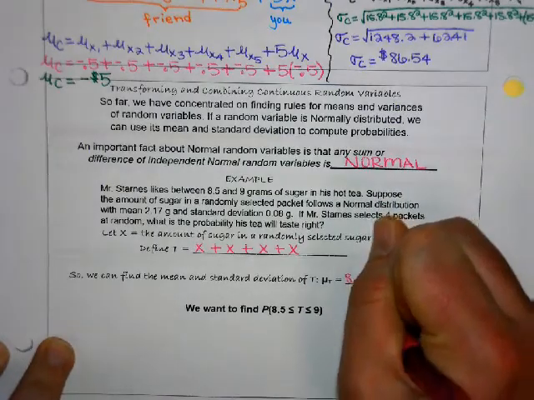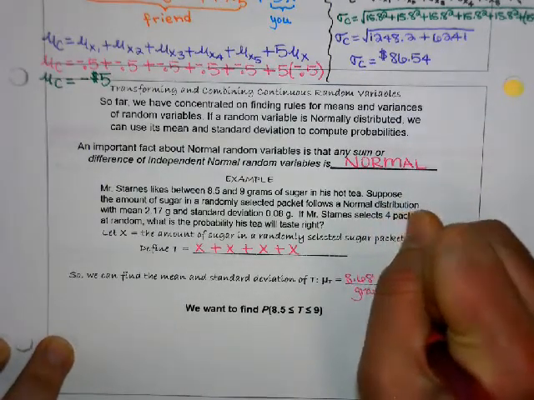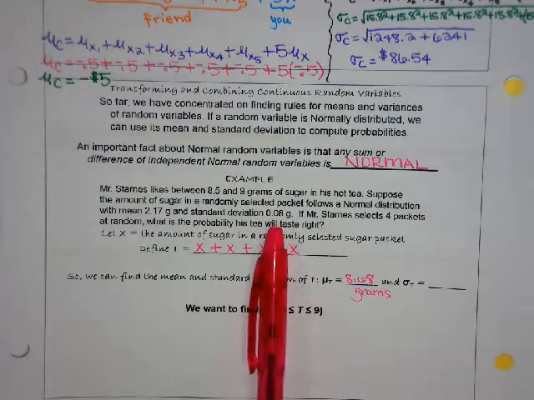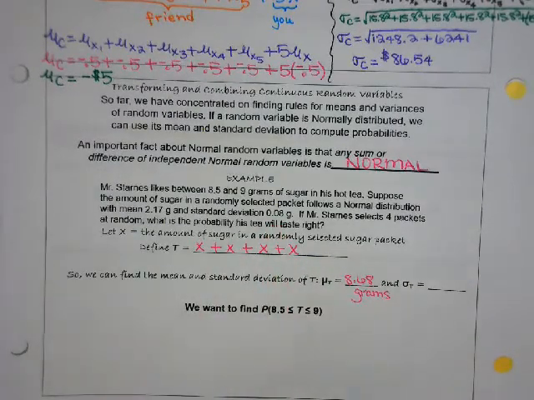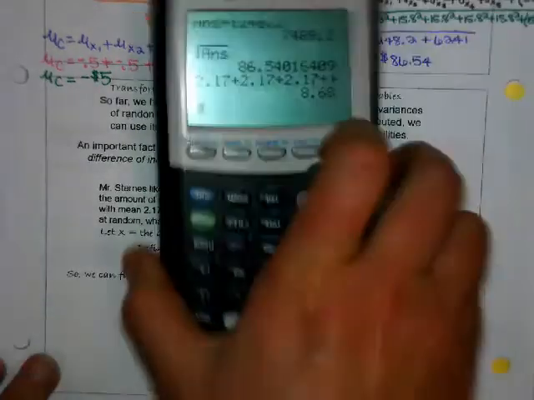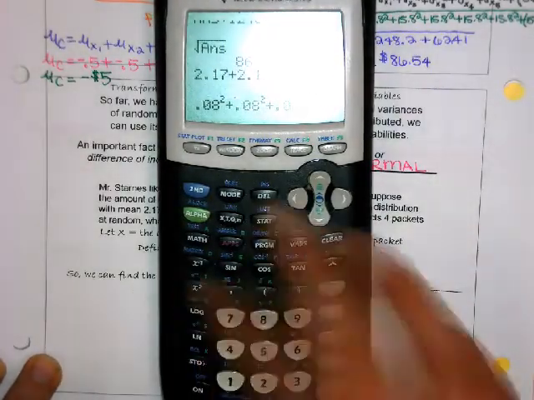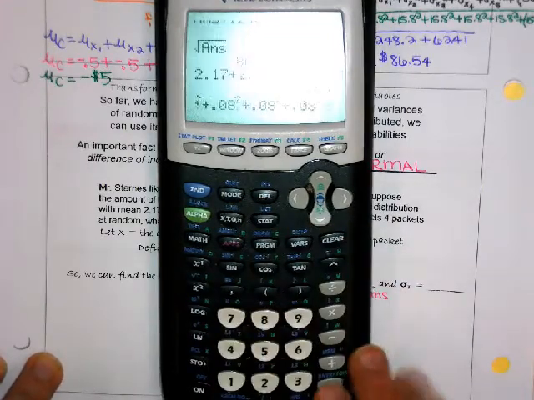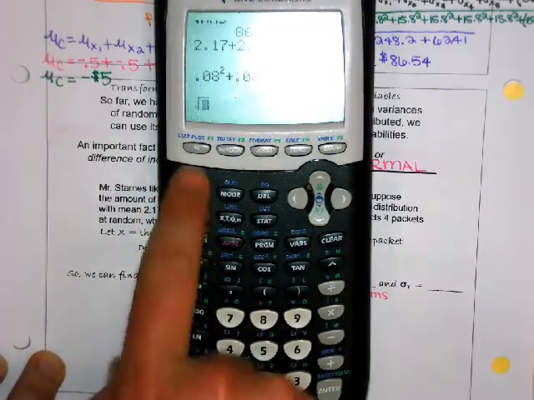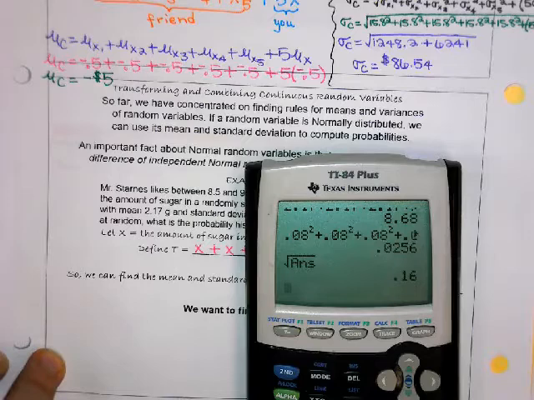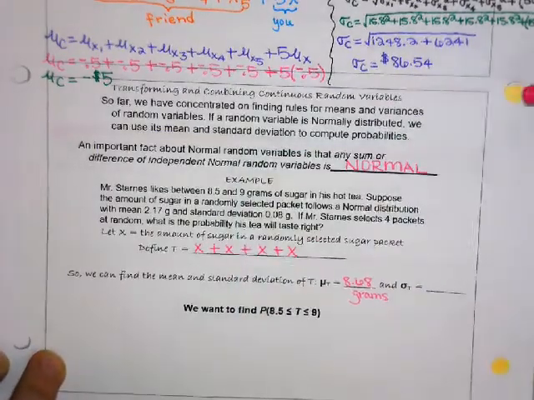Standard deviation, we're going to take the standard deviation and square it, and then add the standard deviation squared again 4 times. So we're going to do 0.08 squared plus 0.08 squared plus 0.08 squared plus 0.08 squared, and then we're going to square root it. So we get 0.16. Any questions on how I got those?